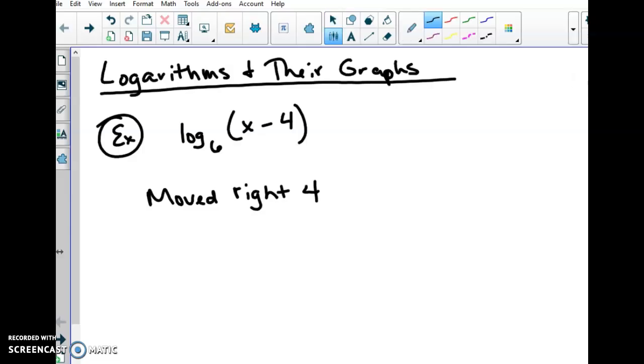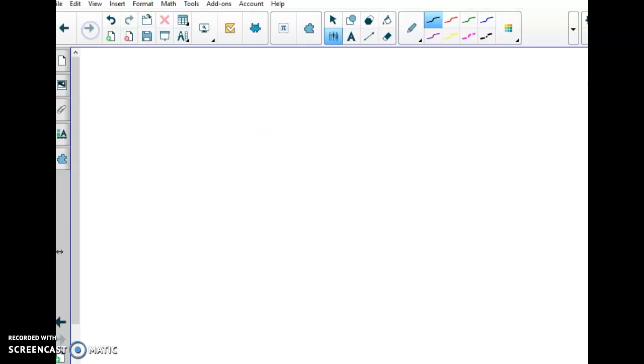So that's part of our transformations and looking at stuff in general. There will be times when we will need to find the equation of the inverse of the function, and it's just rewriting it. I know that's fancy terminology.